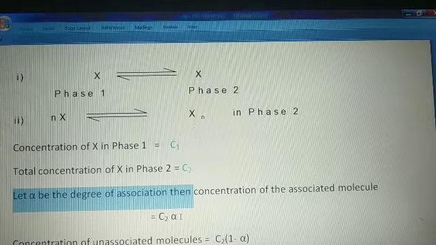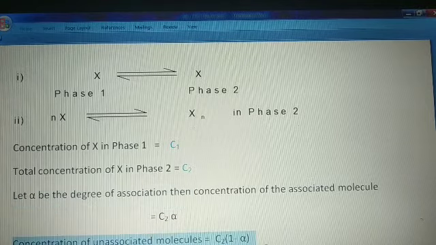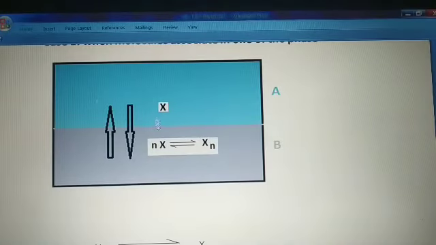If you subtract from 100, or from 1 if it is taken as a fraction, then 1 minus alpha gives the fraction of unassociated molecules, and when you multiply it by C2, it gives the concentration of unassociated molecules. As earlier said, the Nernst distribution law is applicable to the similar molecular state.